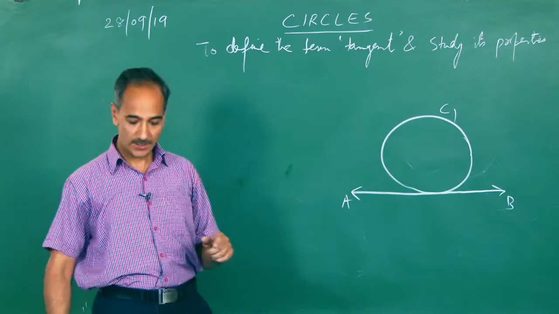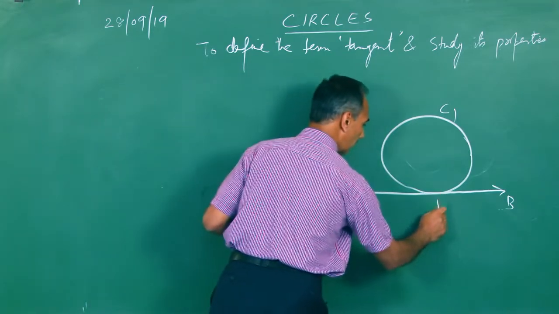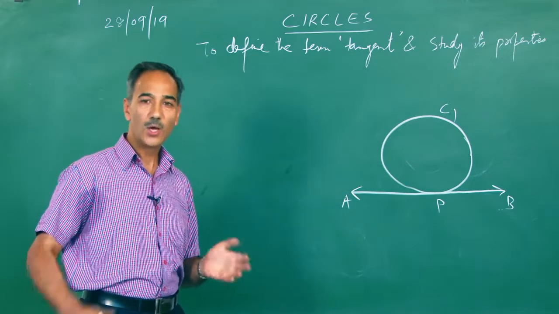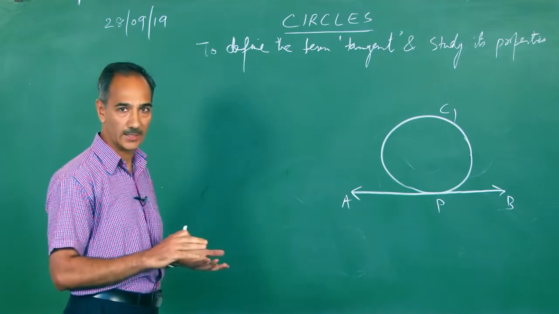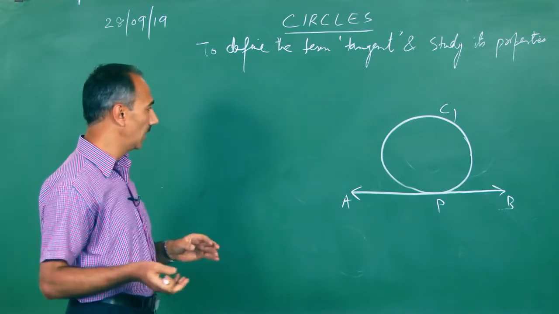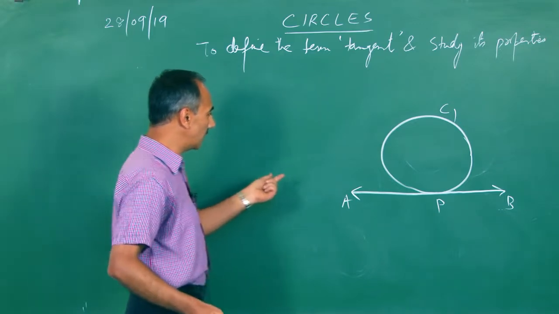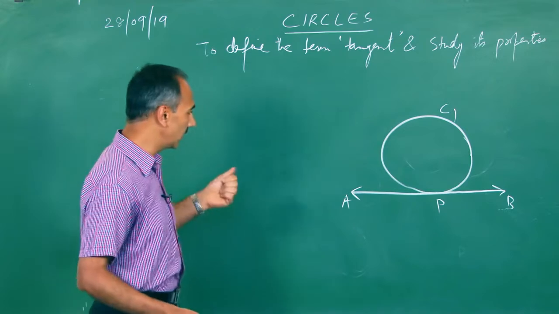Now this circle and this straight line meet at 1 point. This point is P. So I would say that this circle is tangent to the straight line AB, or AB is tangent to the circle C1. Both are correct. But these two curves are heterogeneous, and they are in the same plane. They are coplanar.